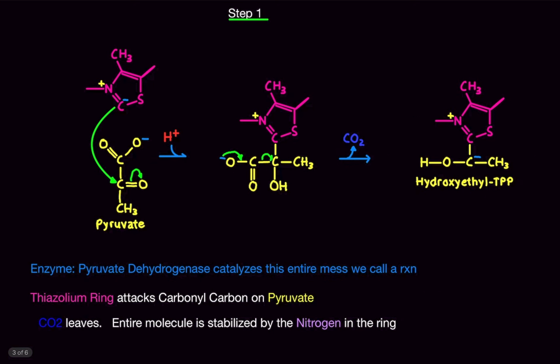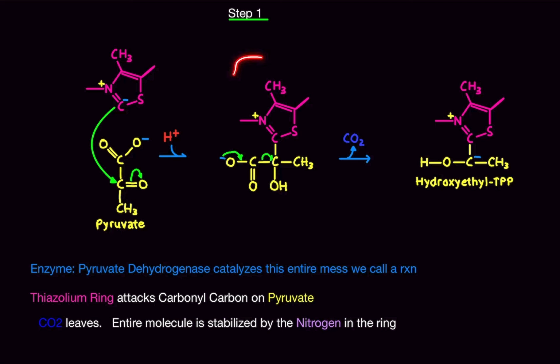Step 1. There's a lot of organic chemistry in these steps, in this complex. We're not going to go too much into that because it's not really important. What you really need to know is the end goal, or what we're getting out of this. So, we have this pyruvate molecule. We're fresh out of glycolysis, we got pyruvate. This thiazolium ring is going to attack the carbonyl carbon of pyruvate.